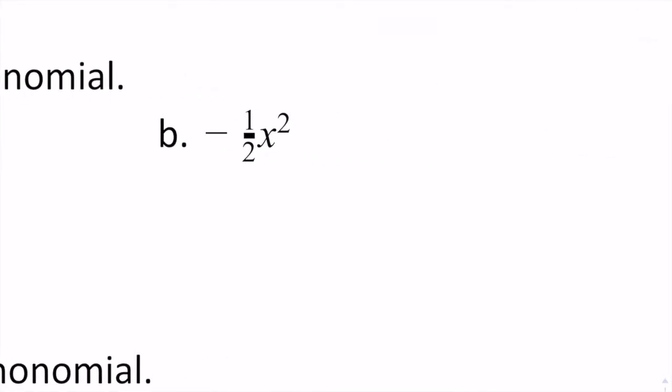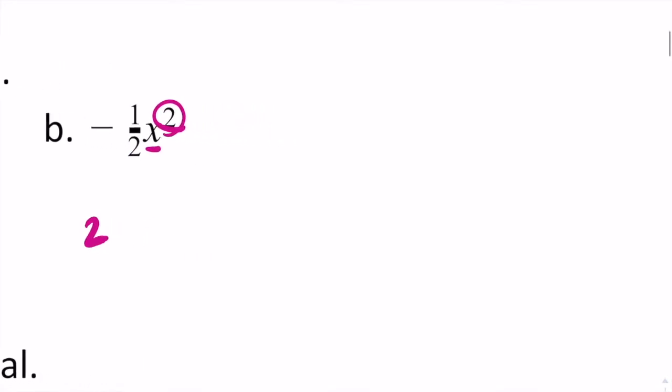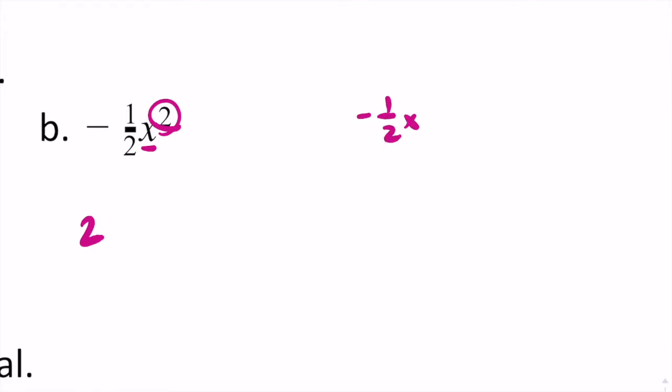Okay. Letter B is 2 as well. Why? Because there's 2 and x. Let's say if I have negative x squared y squared z, for example. So remember, it is the sum of the exponents of the variables in a monomial.